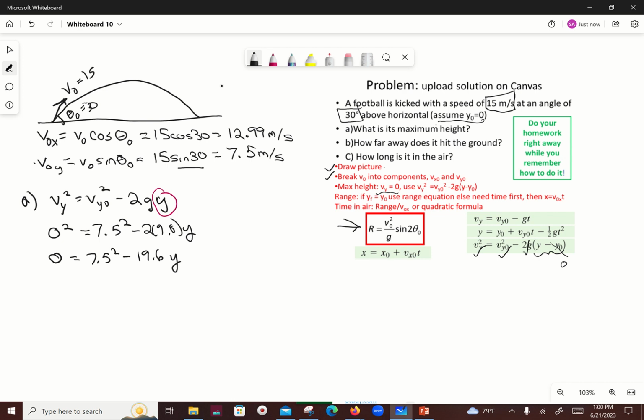If I want to solve for y, I'm going to take that term onto one side by itself. Since it's subtracted on this side, I'm going to add it to the other side. So I've got 19.6y is equal to 7.5 squared. And so y is just going to be 7.5 squared over 19.6.